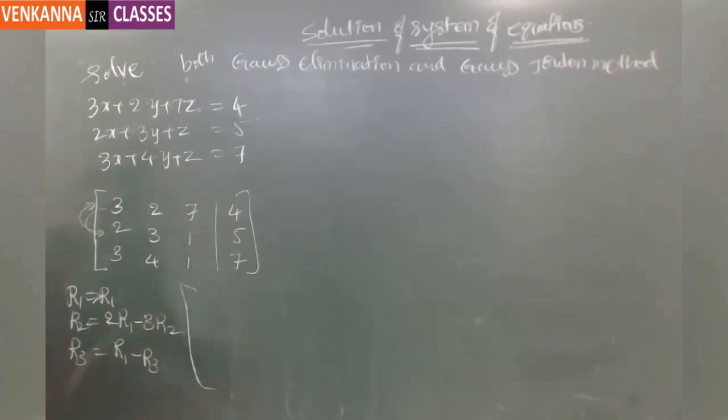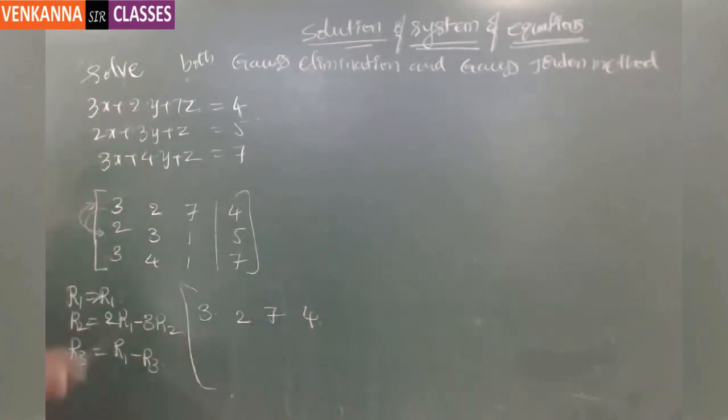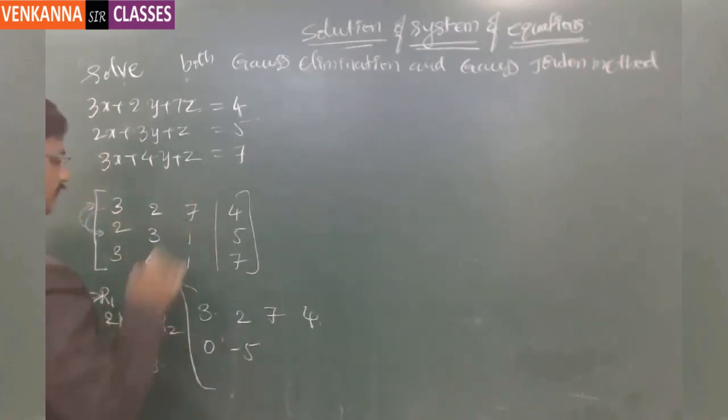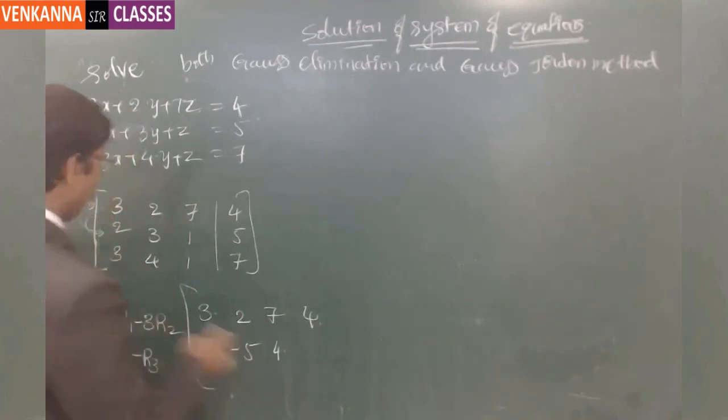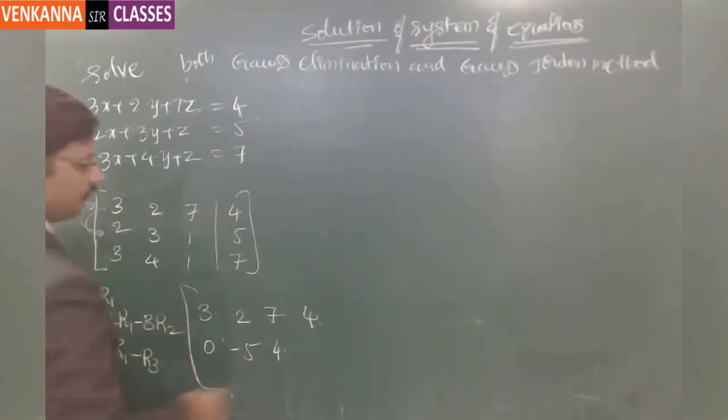So if you do this operation, R1 is as it is, 3, 2, 7, 4, and R2 is 2 times this and 3 times this. So 6 minus 6 is 0, and 4 minus 9 is minus 5, and 7 minus 3 is plus 4, and 8 minus 15 is minus 7.